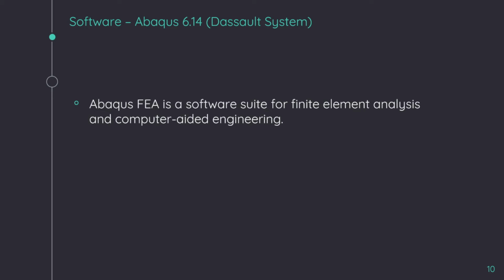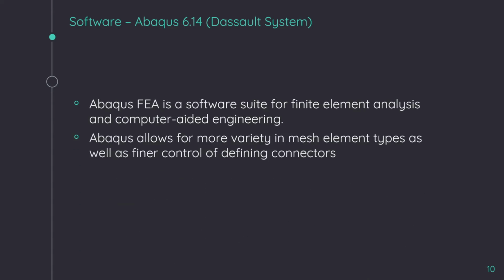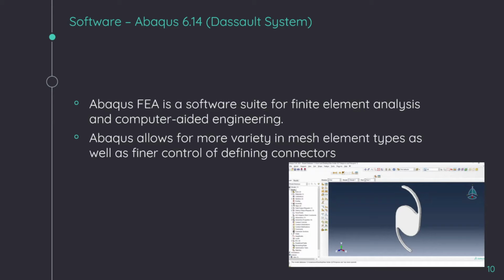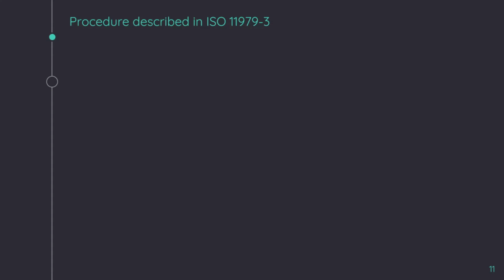Basically, Abaqus FEA is a software suite for finite element analysis and computer-aided engineering. The reason we chose Abaqus is because it allows for more variety in mesh element types, as well as finer control of defining connectors.